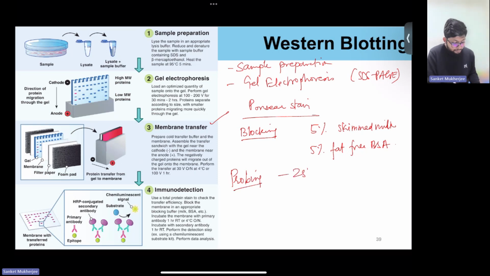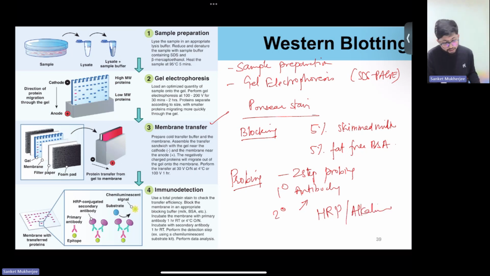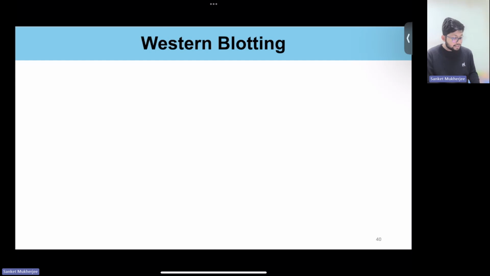There could be two-step probing where there is a primary antibody against your protein, and there is a secondary antibody which is against this primary antibody, and it is conjugated with an enzyme like horseradish peroxidase or alkaline phosphatase. We will talk about what are the probing steps. There could be one-step probing where the primary antibody itself has the conjugated enzyme.